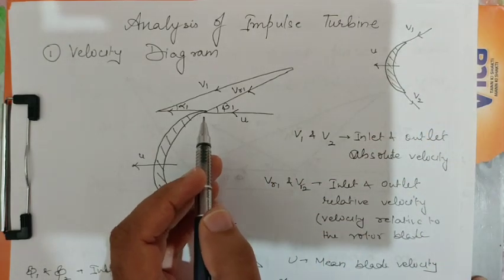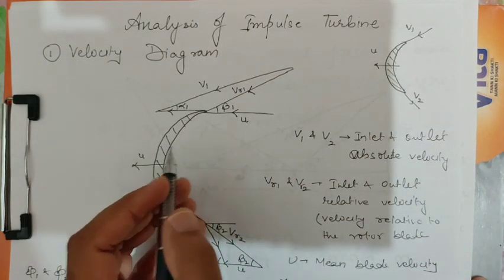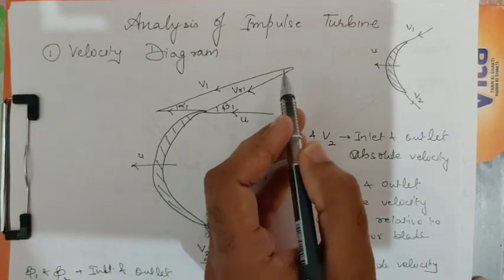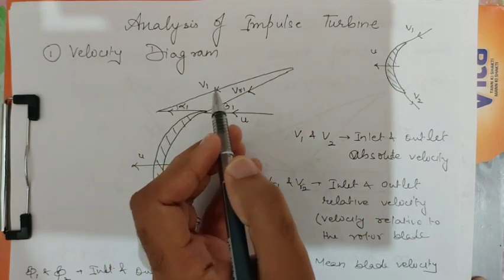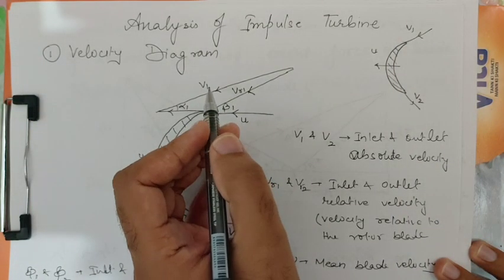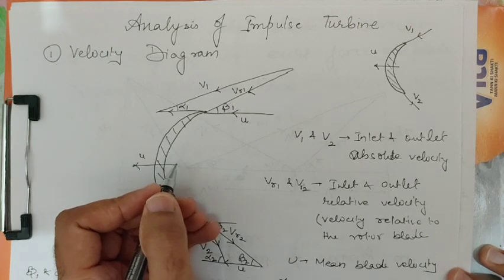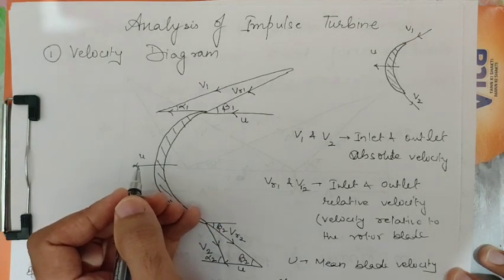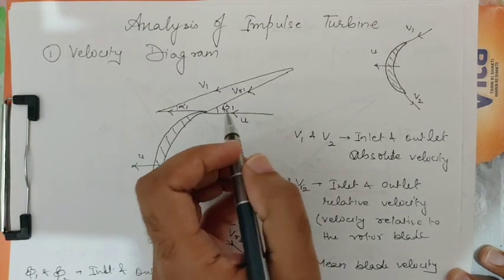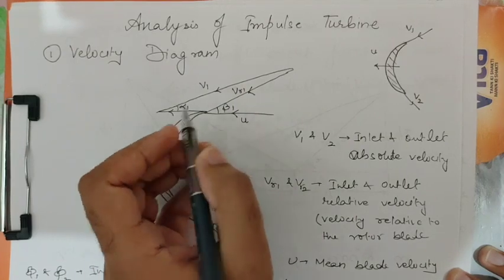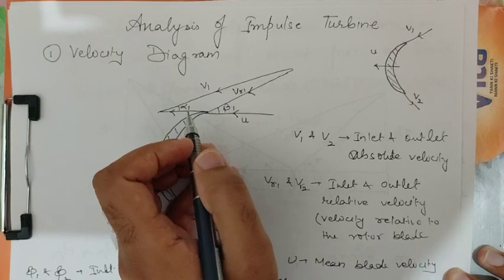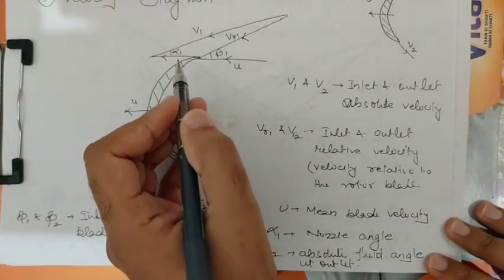So let's see that it is the profile blade, and this is the absolute velocity of the steam, that is V1, and with respect to this V1, this moving blade moves with the velocity U. This V1 is striking the blade at the angle alpha 1, and alpha 1 is the nozzle angle.